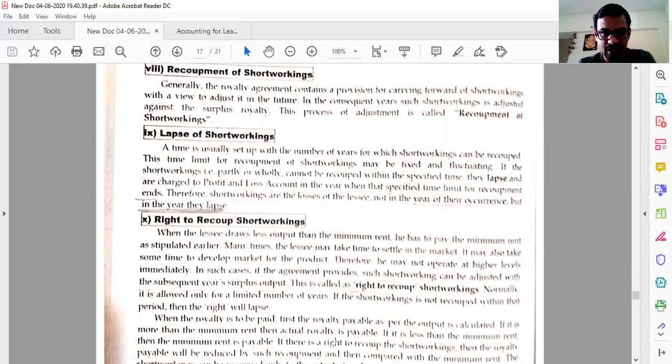Therefore, short workings are the losses of the lessee, not in the year of their occurrence, but in the year they lapse.